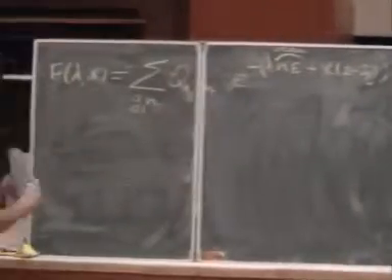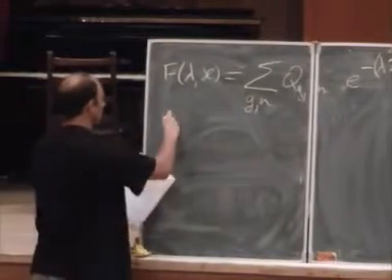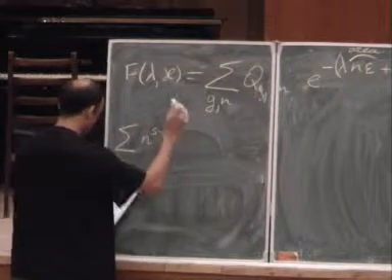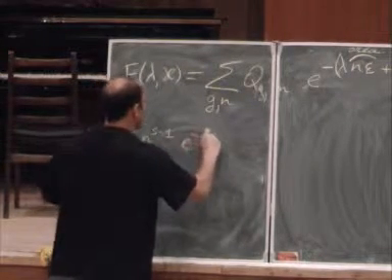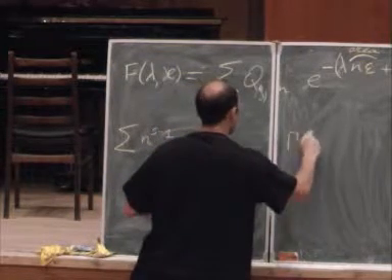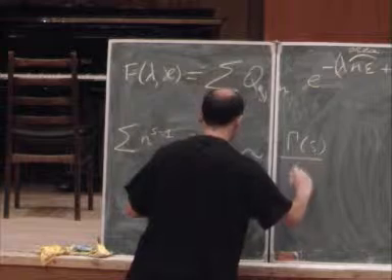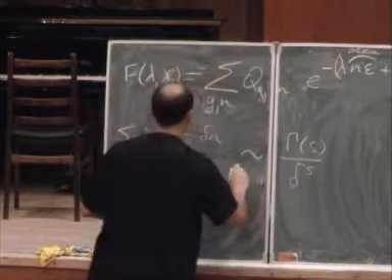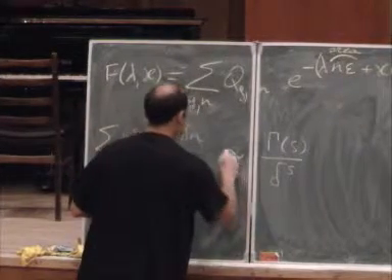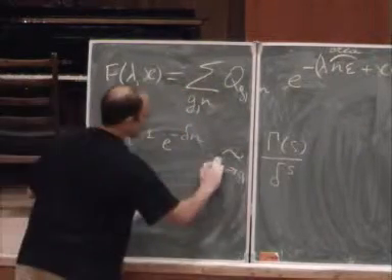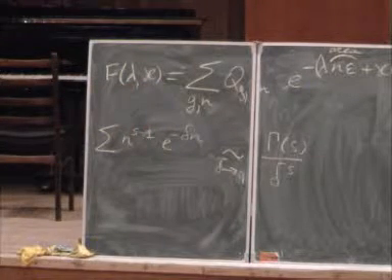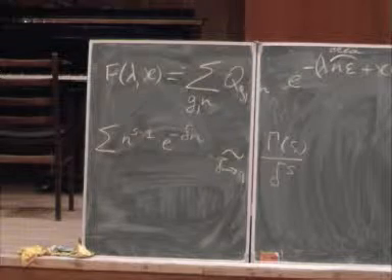So there is the following formula: the sum of n to the power s minus 1 times e to the power minus delta n is equivalent to gamma of s divided by delta to the power s as delta goes to 0. This is what I'm going to use. Let me first explain where it comes from. This is very easy actually.